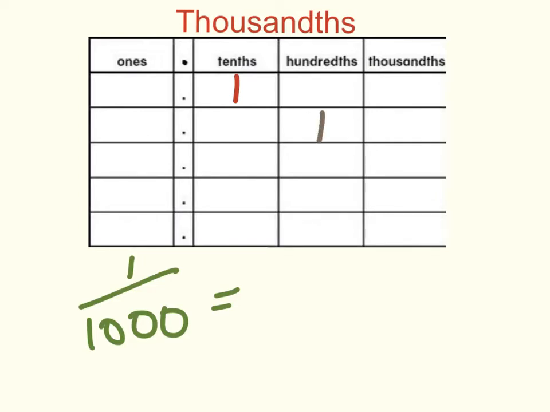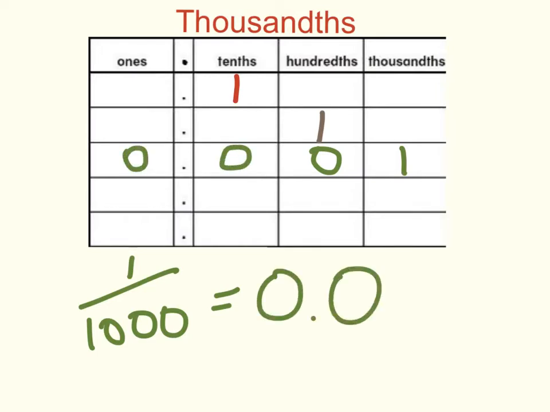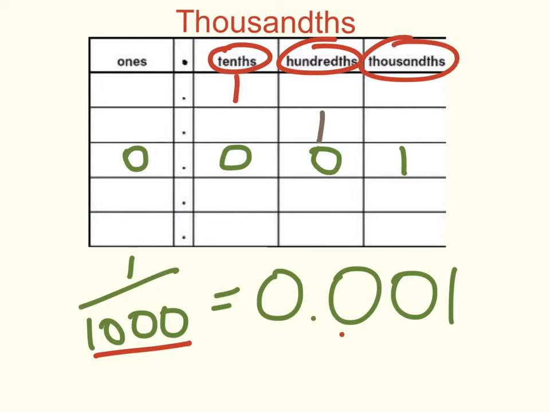That doesn't work. So I have to put a 1 here in the thousandths, and then I fill in these spaces with zeros, and I end up with 0.001. And that is the correct way to do it. Thousandths has 3 place values after the decimal: tenths, hundredths, thousandths. So I need to show tenths, hundredths, thousandths in my number.